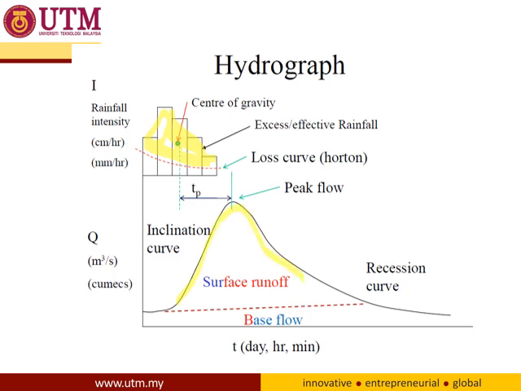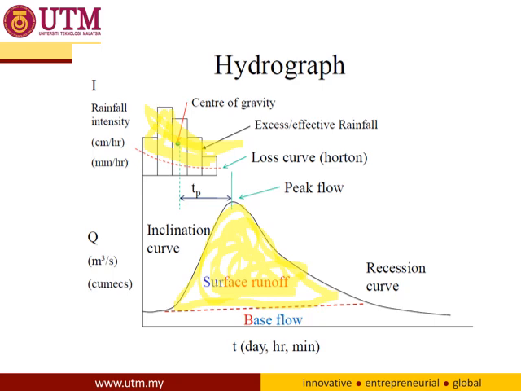And underneath the line, the loss curve, that is the infiltration occurring. Okay, so this surface runoff, in terms of volume or in terms of depth, is the same as the excess or effective rainfall.